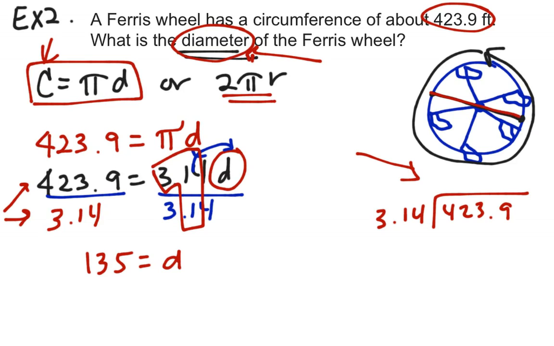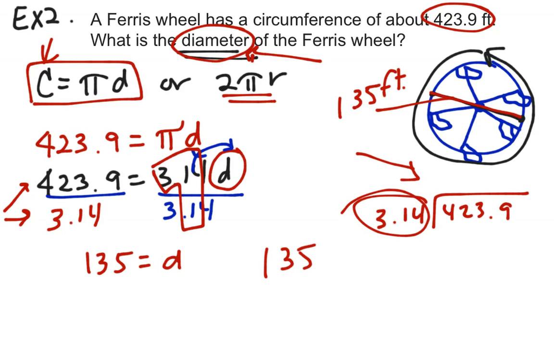So going across is 135 feet. And it's 400 and something feet around. And you're going to look for reasonableness. The circumference is a little over 3 times the diameter, since pi is a little over 3. So if the diameter is 135, if I do a quick check here, I get 400 feet, and that's not that far off of my circumference. So that's reasonable.